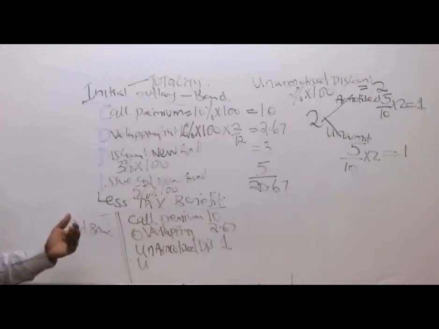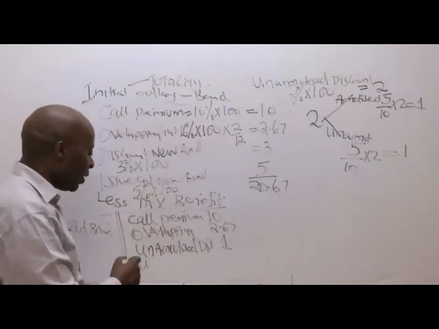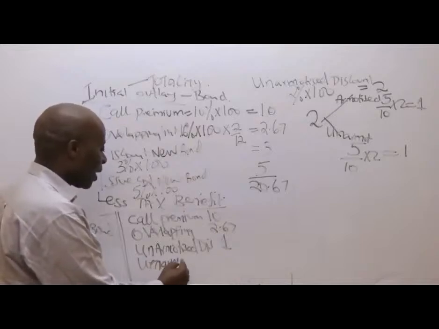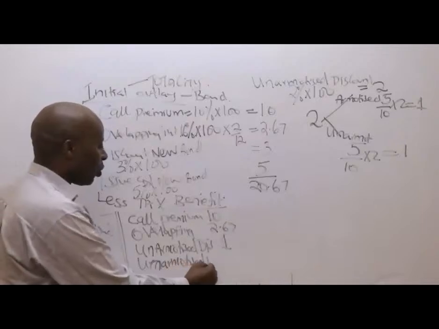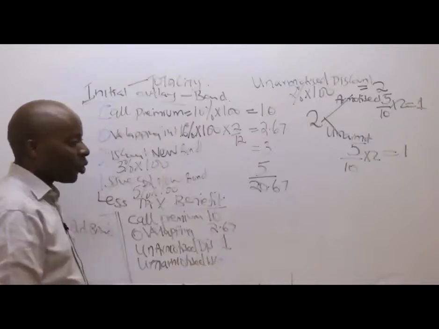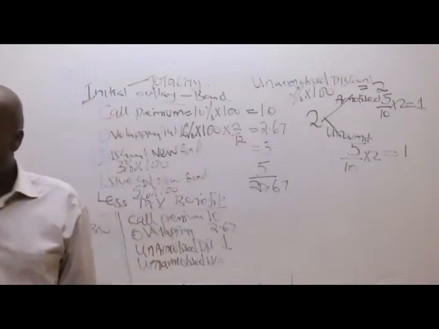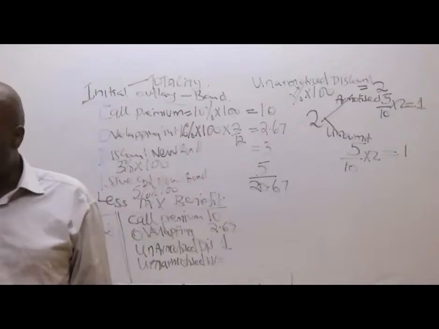So go to the 4th one, the unamortized issue cost. Remember the issue cost, already we have been given the total issue cost of the old bond, thank you very much, Dennis.